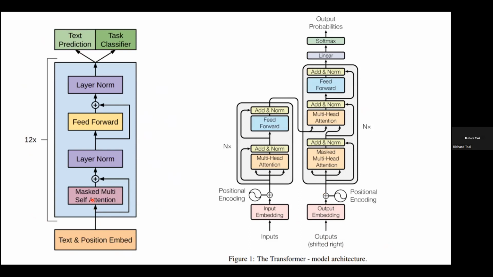This distinction arises because GPT lacks the encoder component found in the original transformer, making it especially suitable for tasks involving text generation or completion.